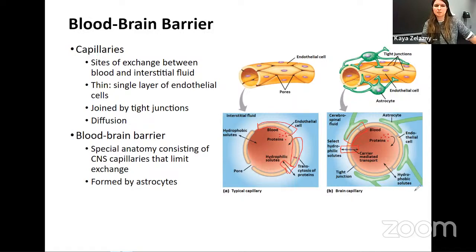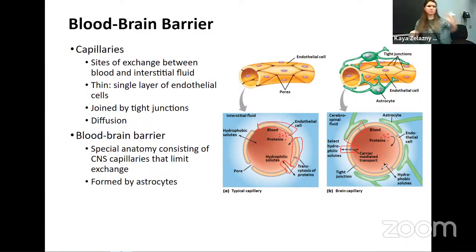Or hydrophobic solutes. So we talked about small non-polar things being able to cross membranes. Specifically what we're thinking here is that oxygen and CO2 can cross these cells because oxygen and CO2 are non-polar and can dissolve across membranes. So we're not blocking them by pressing these cells together.